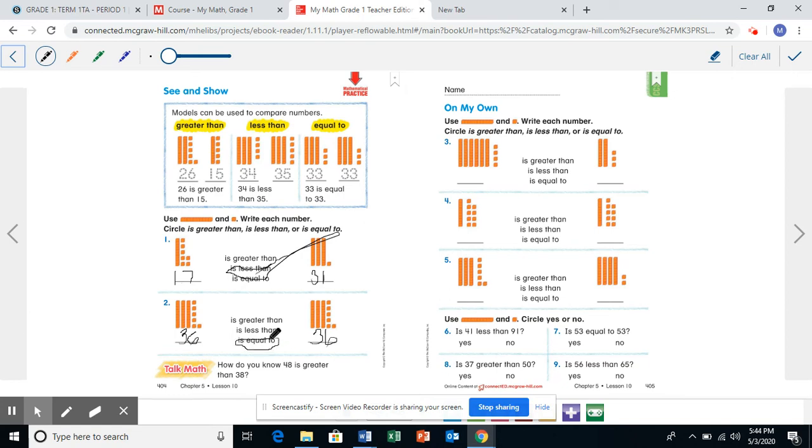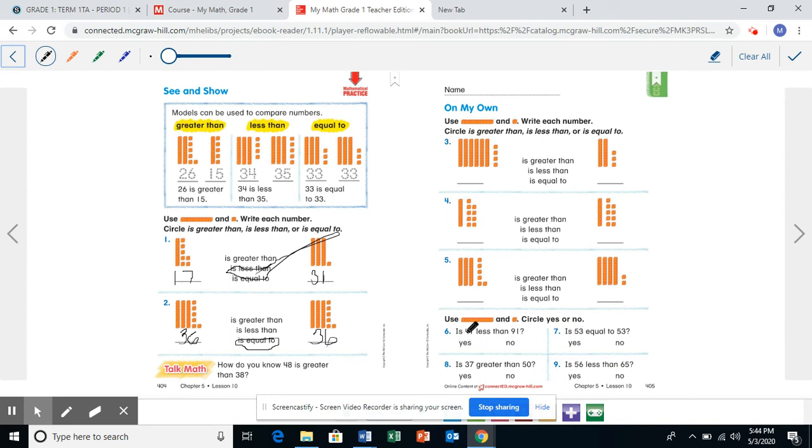Okay, so this is exactly what you're going to do for 3, 4, 5, and 6. And then you're going to do 6, 7, 8, and 9. Remember, you are using the words greater than. You're always comparing the first number to the last number. So here, I'm going to do number 6 just for you to see.